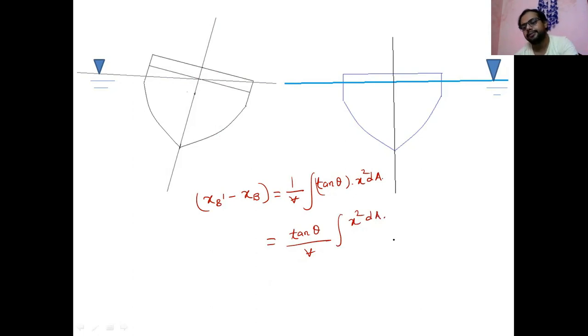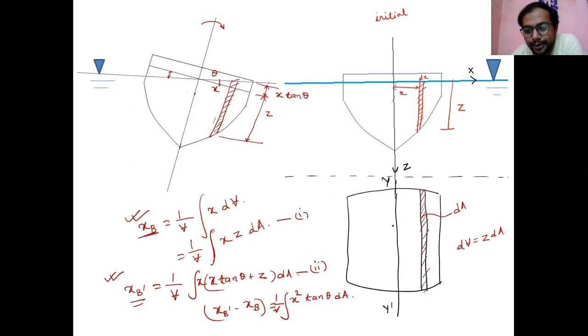What is x squared dA? This distance is the x. So the integration of x squared dA is nothing but Iyy, the second moment of area. Loosely we say moment of inertia, but it is the second moment of area about the YY axis.